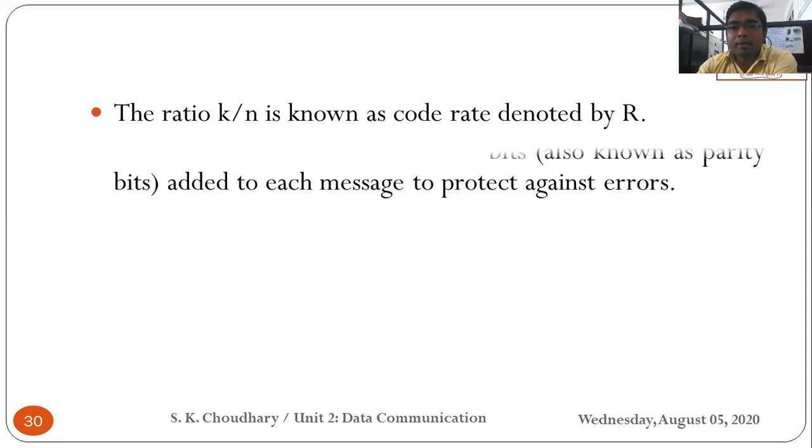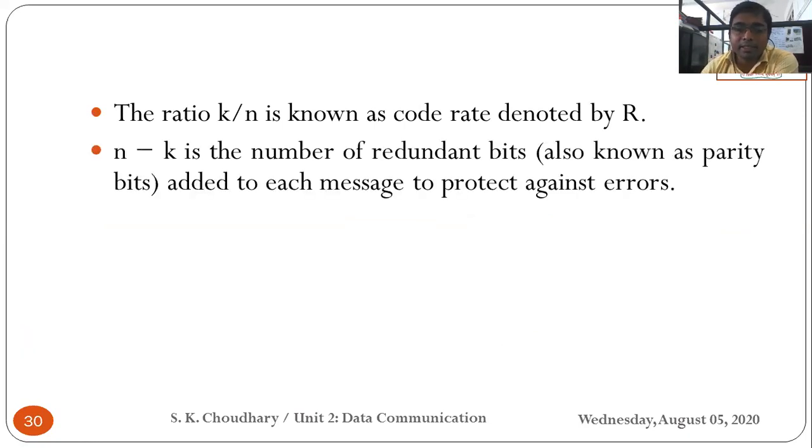Then the rate is represented by k by n, that is R. What is n minus k? Now, by using k bits we are producing the n bit code word, so obviously n minus k is the number of redundant bits. And we learned what the use of the redundant bits is: it is used for error detection and error correction, and it is also known as a parity bit. We have also learned the parity concept, even parity and odd parity. Okay.